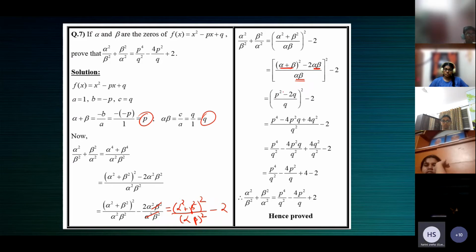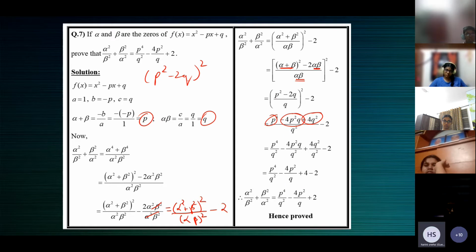Then expand the numerator. When you expand the numerator, it's P square minus 2Q the whole square.